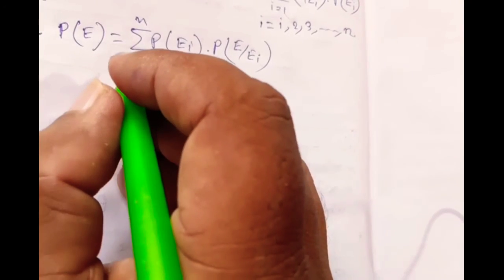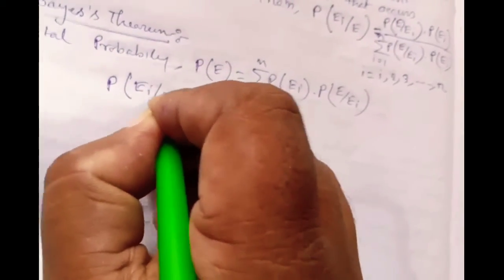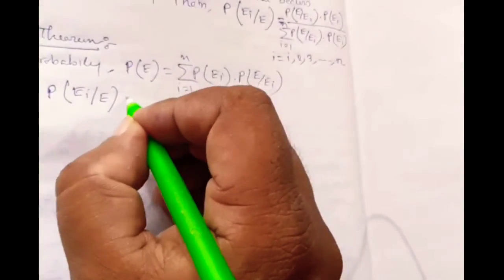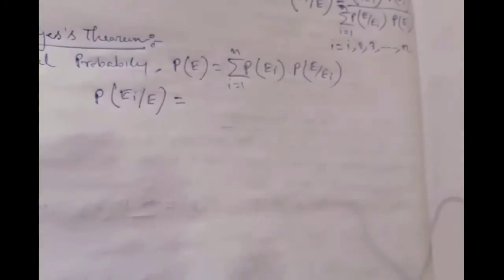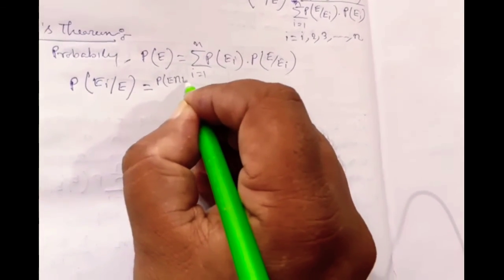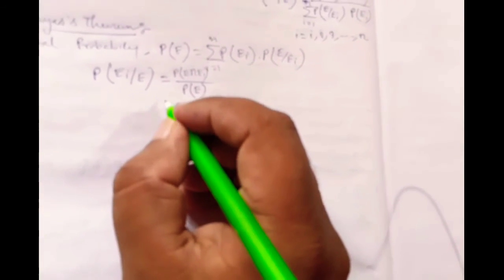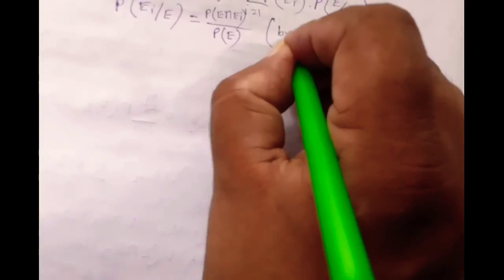Understood? Now probability of Ei by E, hope you are able to see it, that equals probability of E intersection Ei by probability of E. Okay, this is by multiplication theorem.